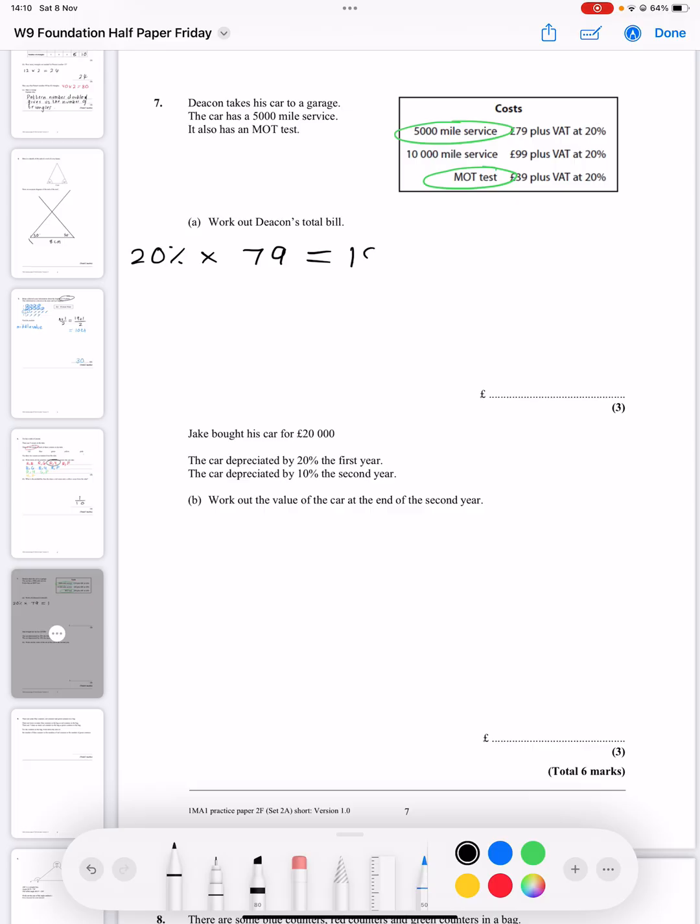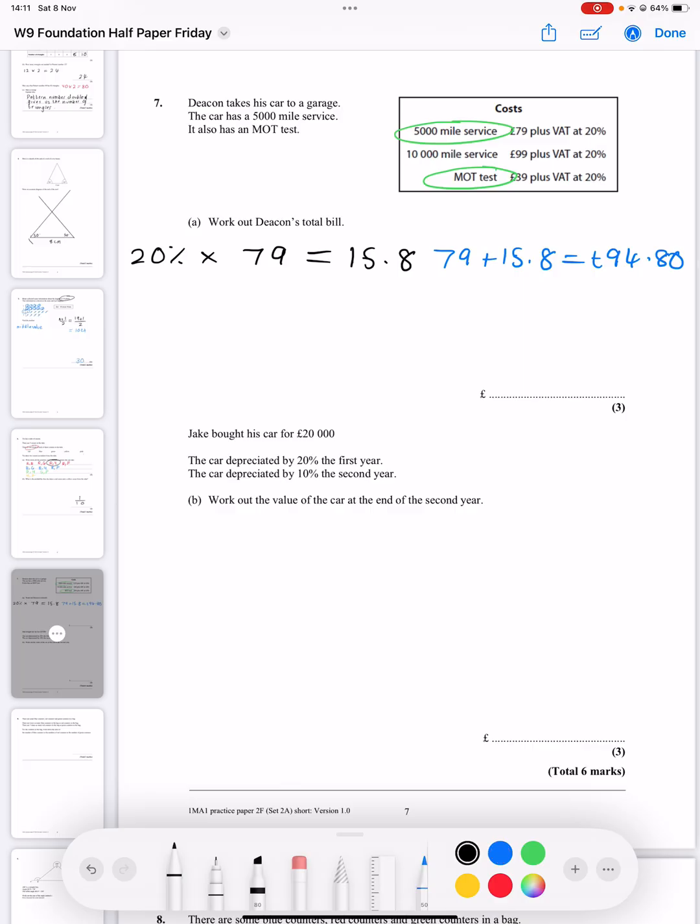That's £15.80. And I can add that on to 79 to find the total cost for the service that we need. £94.80.